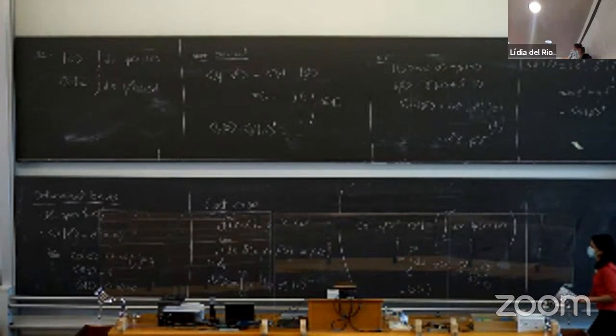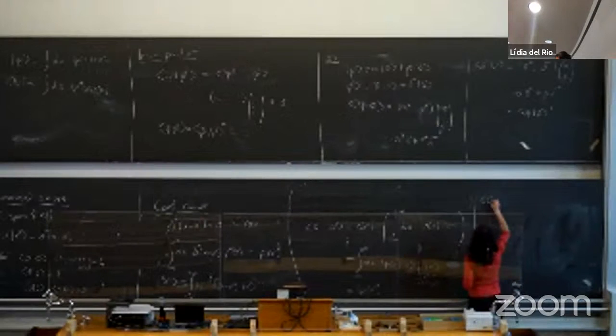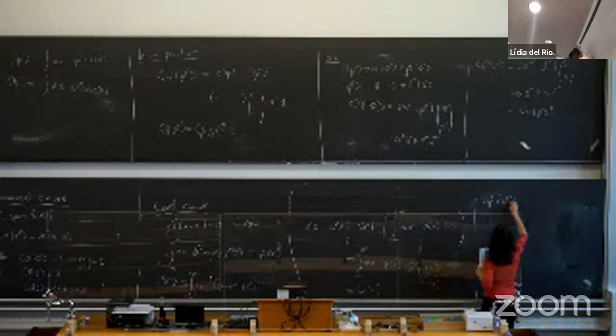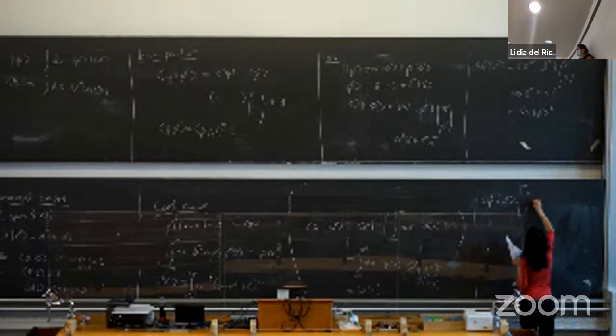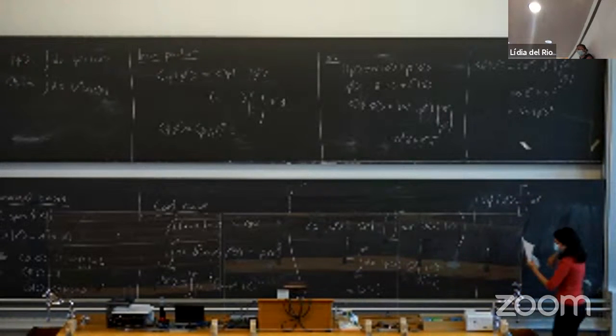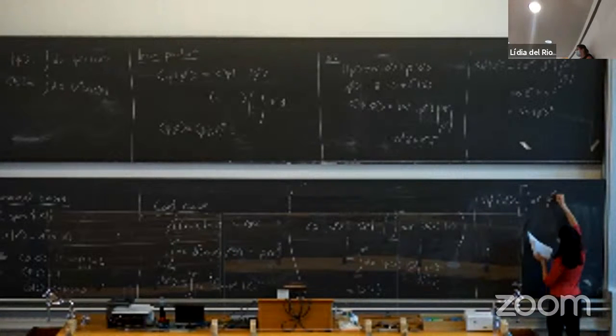So let's just take some vector phi and some vector psi in the continuous case. Okay, let's do it. So we have one integral. Let's write this variable x prime. Now remember, because it's the bra, it's the complex conjugate of the wave function.